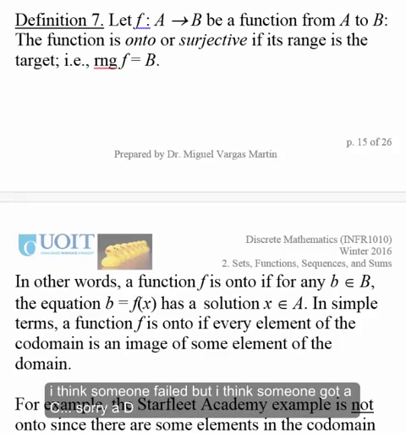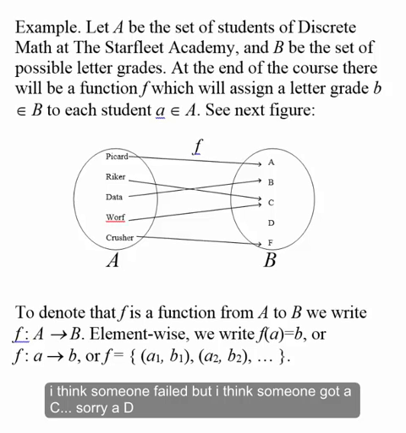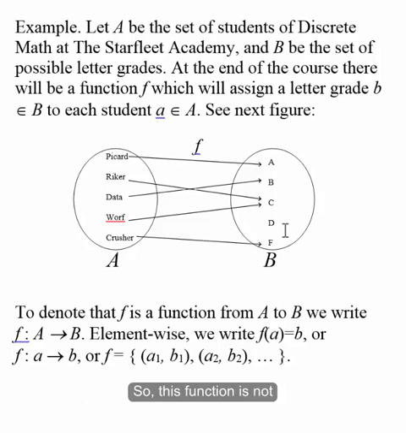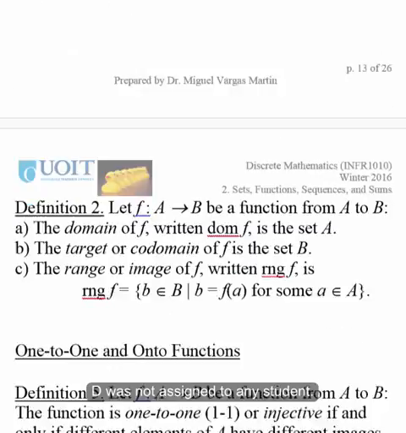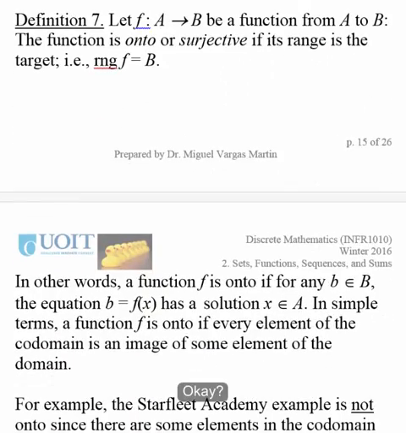No, I think somebody failed, but nobody got a C. Let me see. Sorry, nobody got a D. So this function is not onto or surjective. The reason is that D was not assigned to any student. Okay.